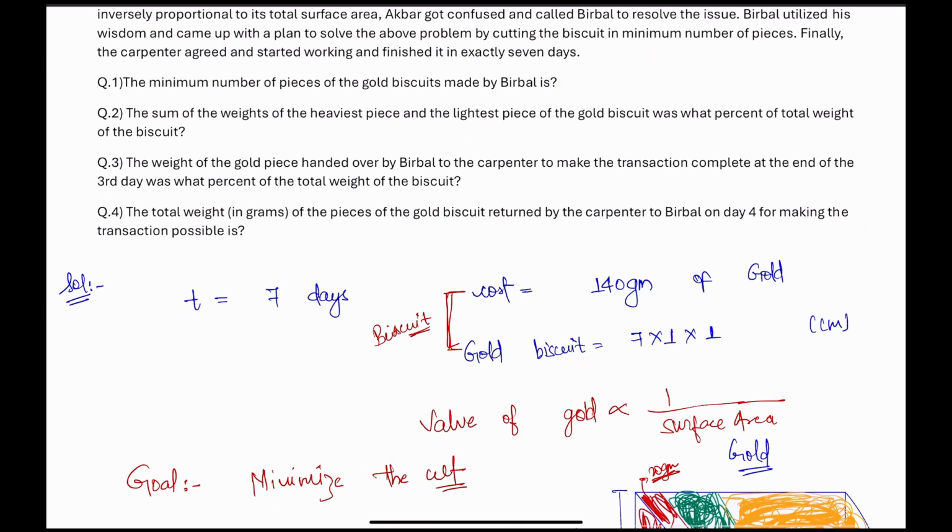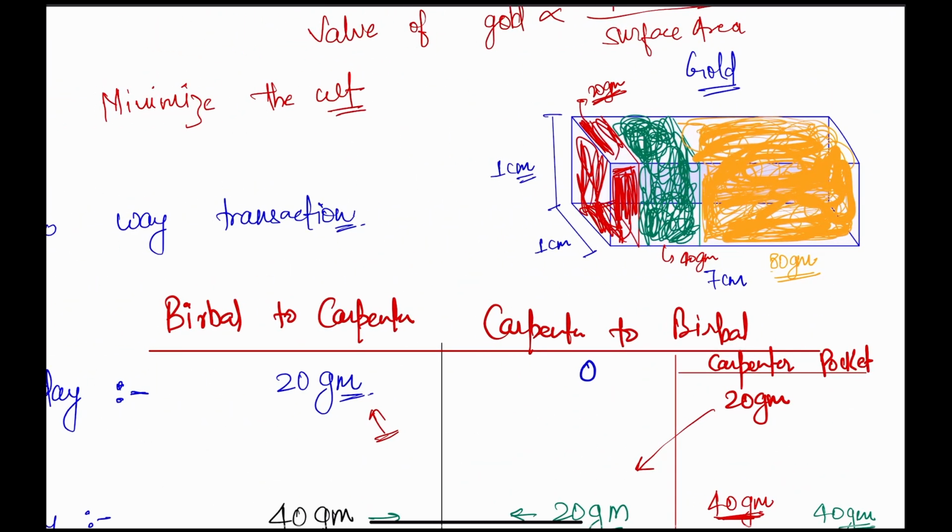The question is: the sum of weights of the heaviest piece and the lightest piece of the gold biscuit was what percentage of the total weight of the biscuit? The heaviest one is which? We can see the figure. Heaviest is this 80, the lightest is 20.